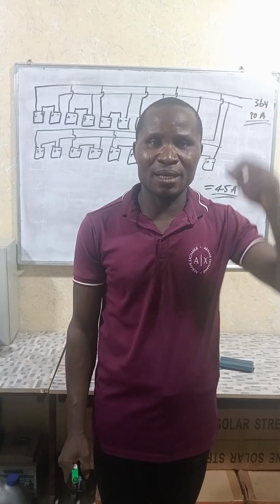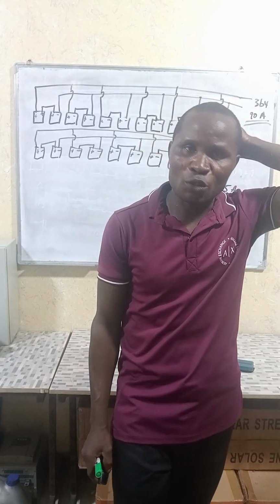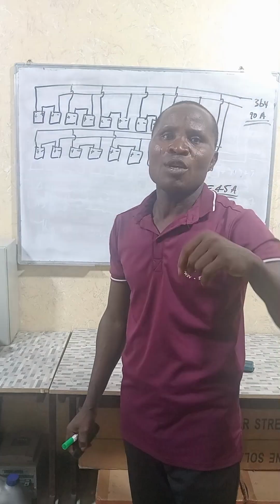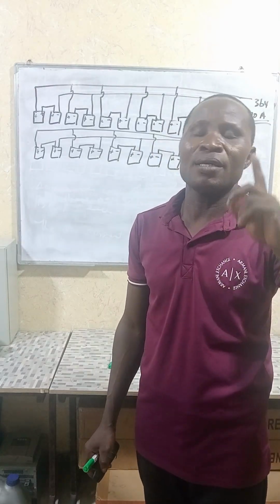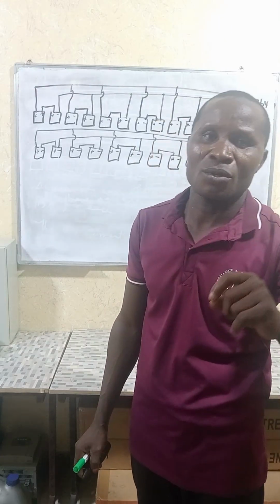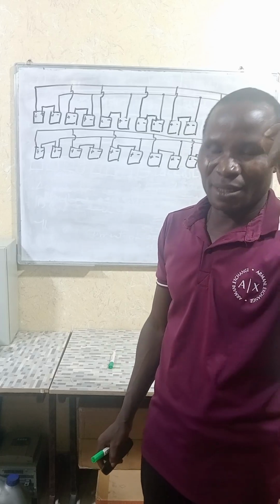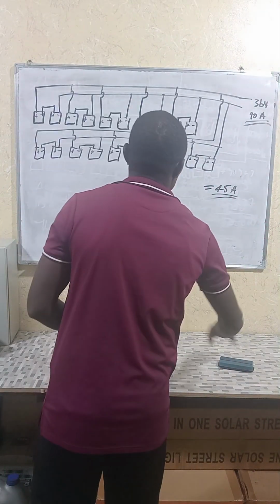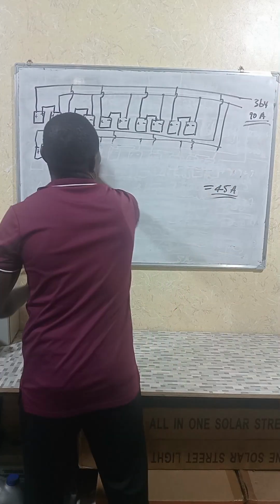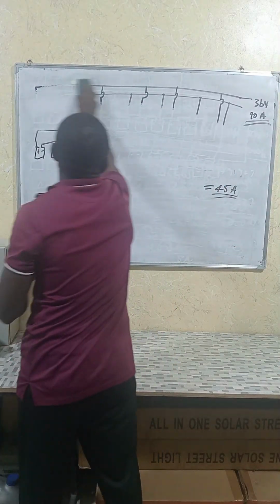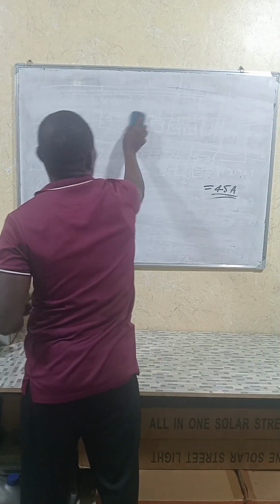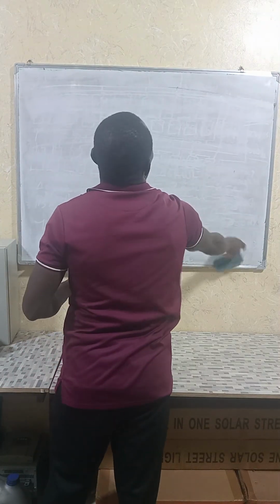Question number C. How many pieces of the solar battery do you need on this system if you are to use a 200 amps lead acid battery? Now, remember that we have the total amps. Now, we have finished with question number B. We have question number C.